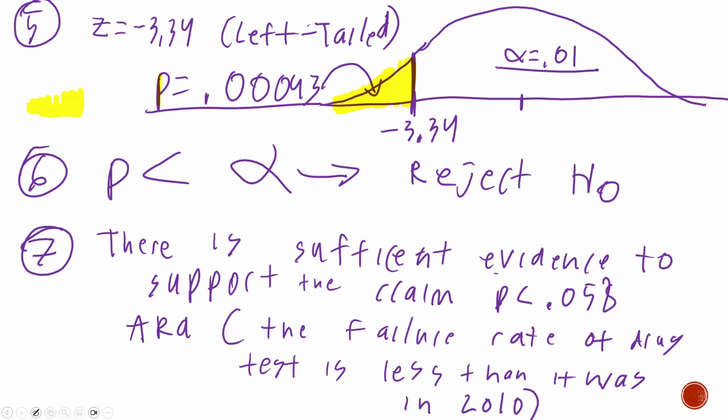All right, are we following here, right? So basically, the chance you would get a sample with that low of a failure rate, if you did this in 2010, back when we know the value was 5.8%, the probability that you get 1,520 people randomly selected and 3.8% or less of them fail the drug test, the probability of that happening back then was 0.043%.